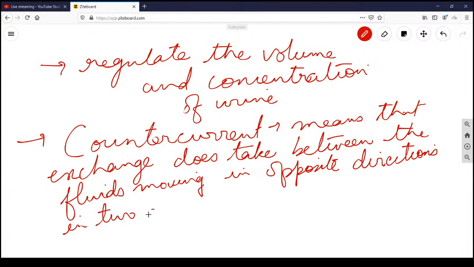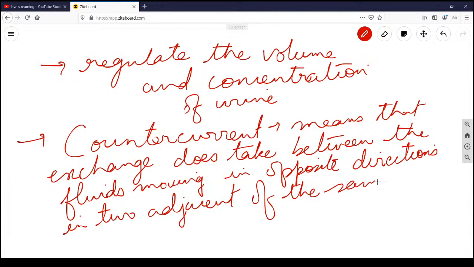I'll make it clear to you very shortly. Just of the same tube. I'll draw the loop of Henle here.